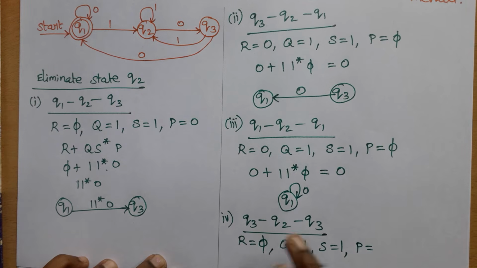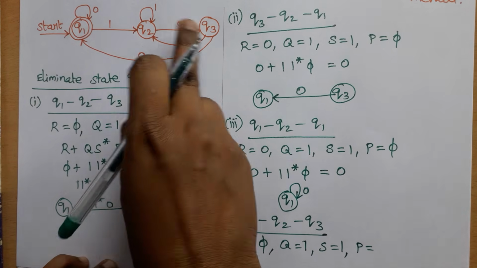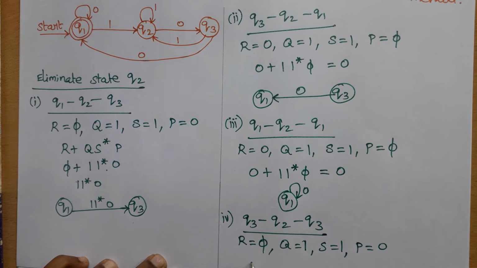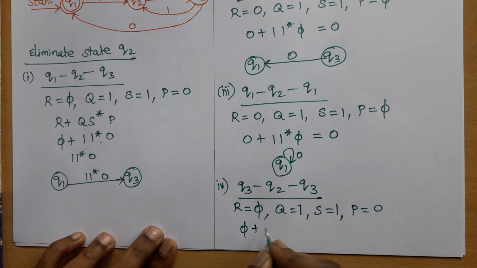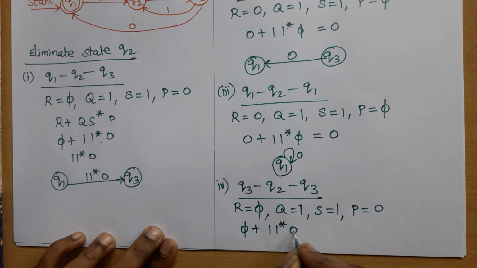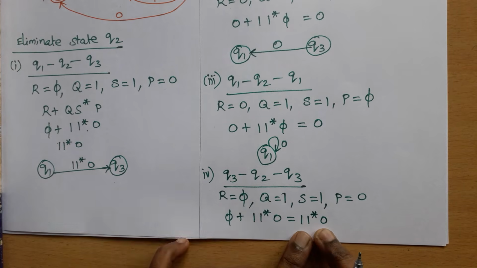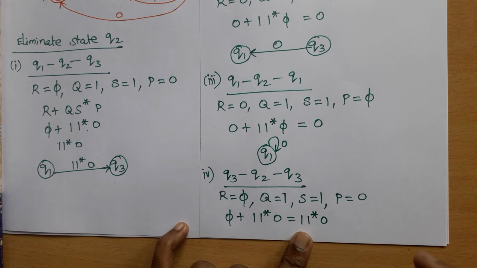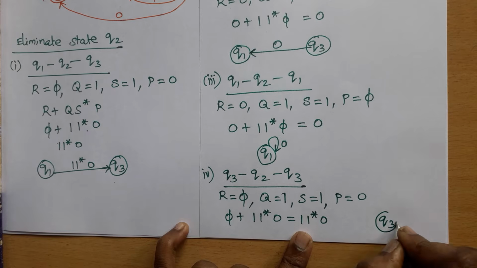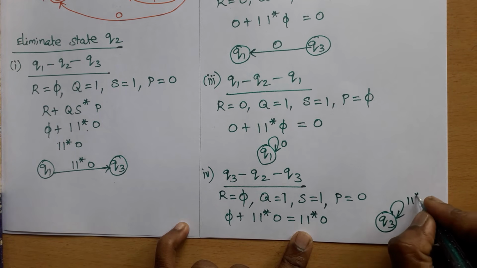Then P, Q2 to Q3, is 0. So now phi plus 1, 1 star, 0. Phi plus any regular expression is the regular expression. So 1 star 0 should be placed on the path from Q3 to Q3, the self transition. So this path must be labeled by 1 1 star 0.